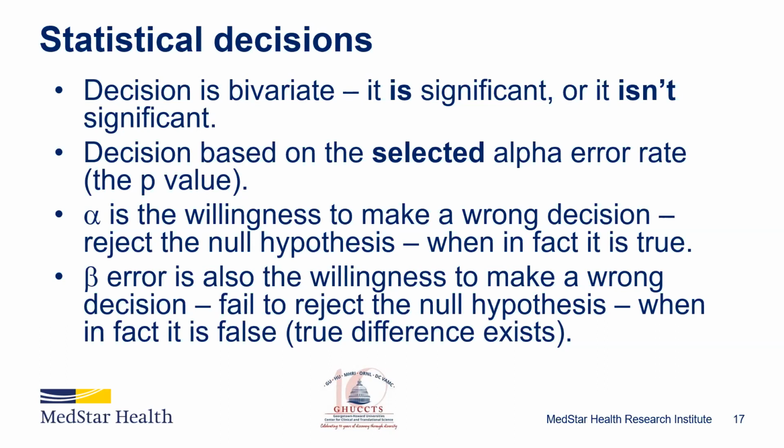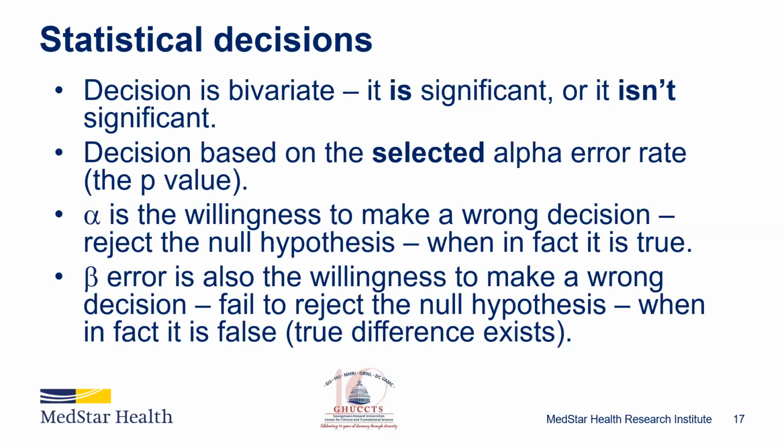The beta error is also another wrong decision that we can possibly make, and this is failing to reject the null hypothesis when in fact it is false. That is, based on our statistical analysis, we fail to reject the null hypothesis, but in the population, a true difference does exist.